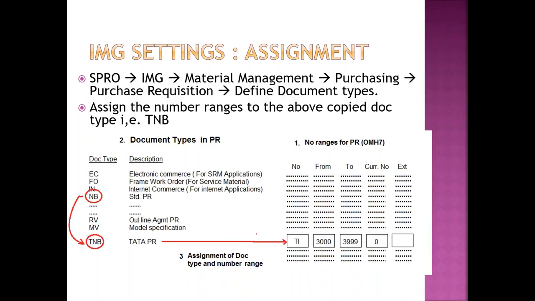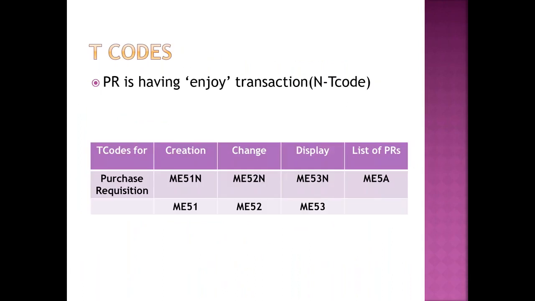Then how to create an internal number range document and an external number range document with different T-codes, we are going to see today. First, we are going to choose ME51. ME51 was there from the very beginning, but from 2004 onwards, SAP introduced some changes in the design of the screens in the release of 4.7 Enterprise Edition.